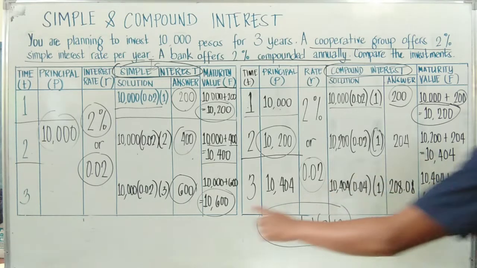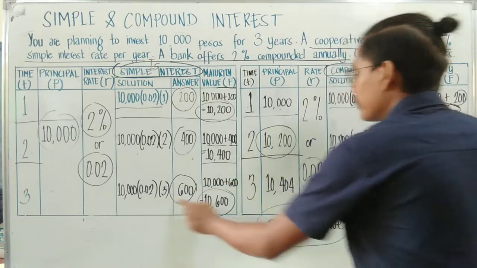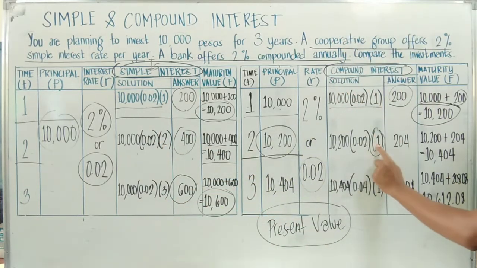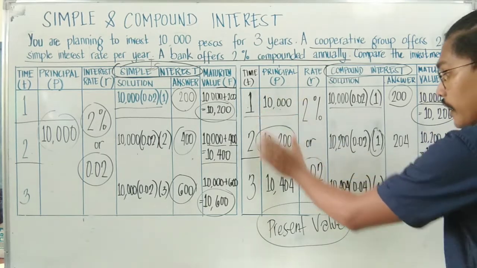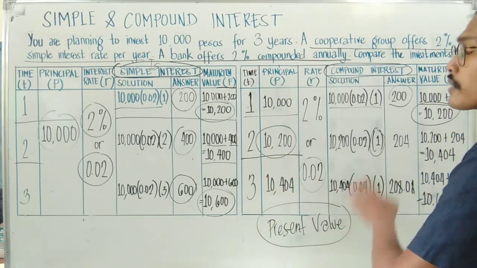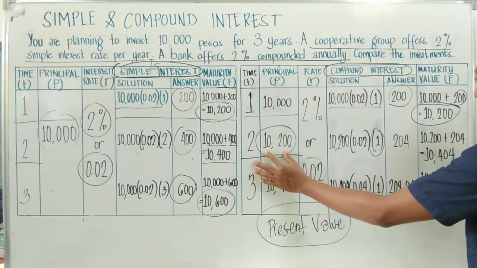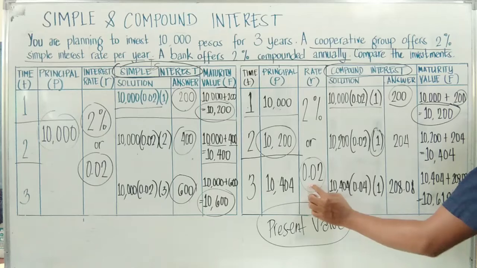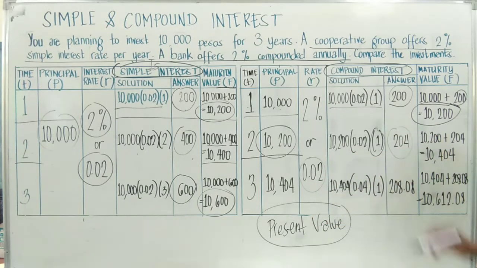If you can see here, your time is 1, 2, and 3. In here, we have 1, 1, 1, because each year the principal, or the present value, is changing. So that's why we have to multiply 10,200 times the rate, which is 0.02 times 1. And that will give us the value of 204.